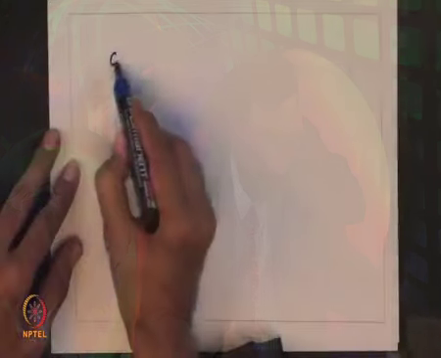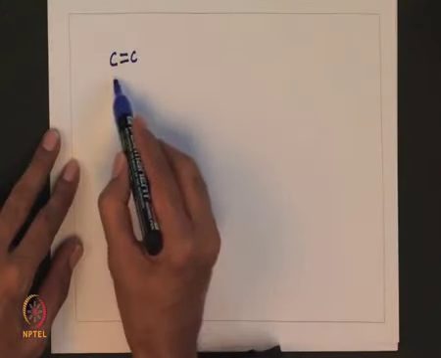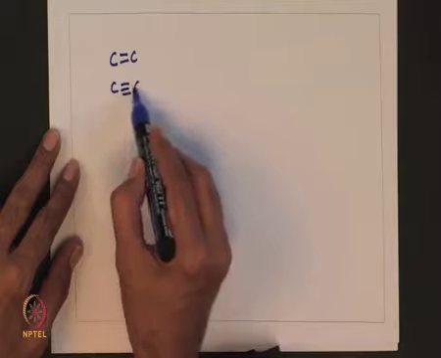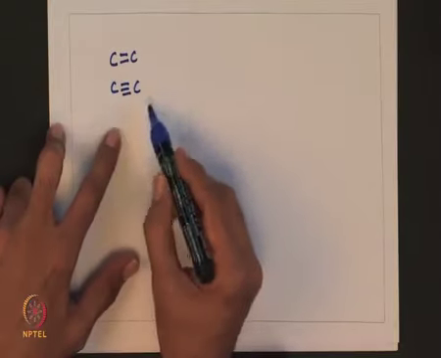For carbon, compounds containing double and triple bonds are well known. For example, we know C double bond C, we also know C triple bond C. So, they are called alkenes and alkynes.